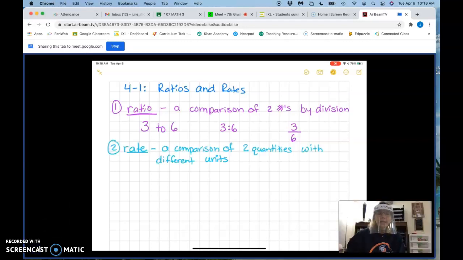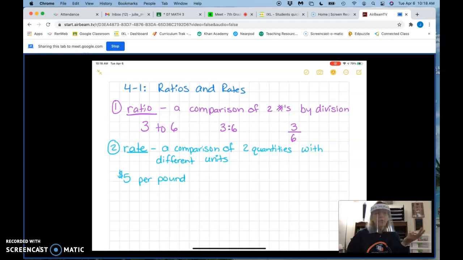All right, so the next word is rate. Rate is a comparison of two quantities that have different units. So let me give you a couple examples of rate. So for example, $5 per pound. That is a rate.